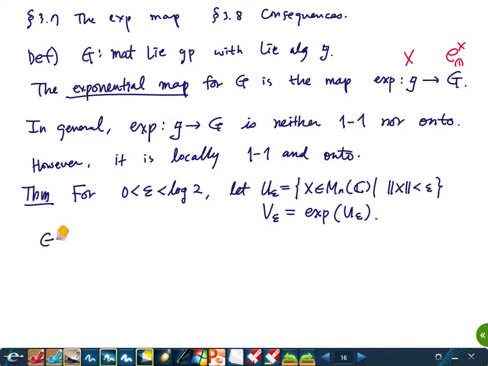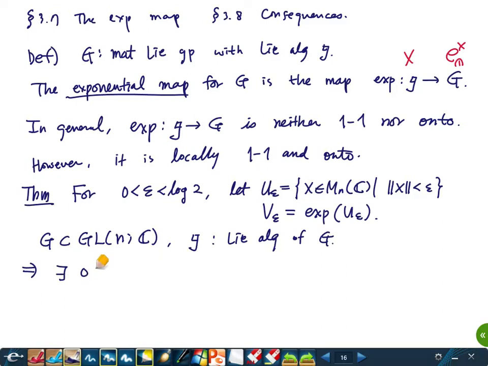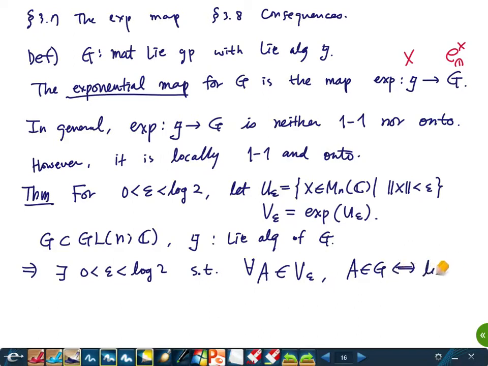Say G is a matrix Lie group inside the general linear group, and g is the Lie algebra of G. Then there exists some small real number epsilon such that for all A in V epsilon, A is in G if and only if log A is in g.